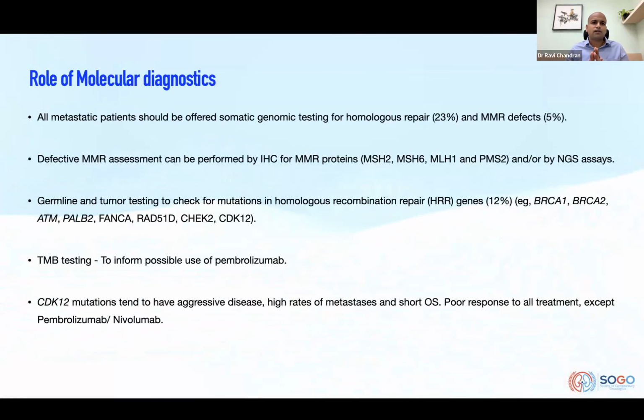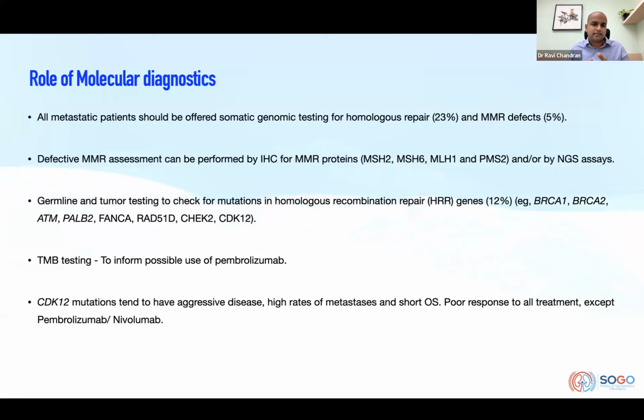Next, coming to the role of molecular diagnostics in CA prostate, all metastatic patients should be offered somatic genomic testing to look for homologous repair defects, which have a prevalence of about 23% in the metastatic state, and to look for MMR defects, which is about 5% in the metastatic state. This is very crucial.